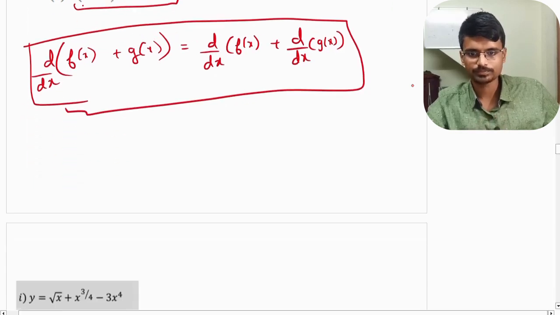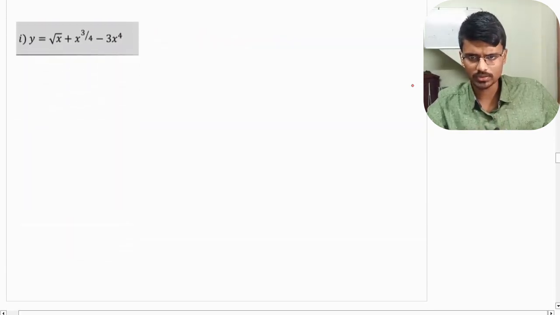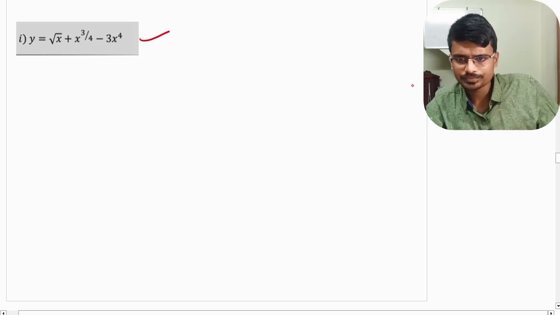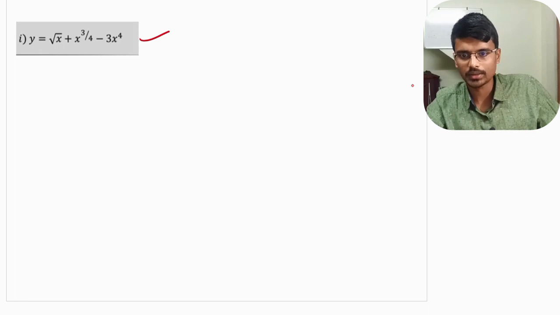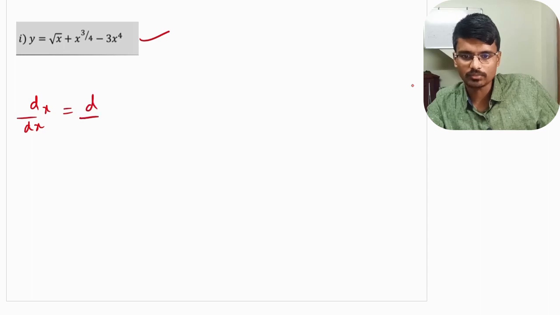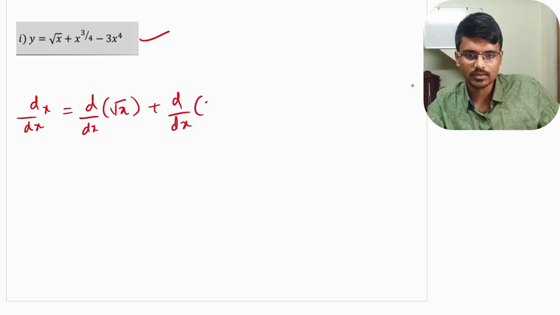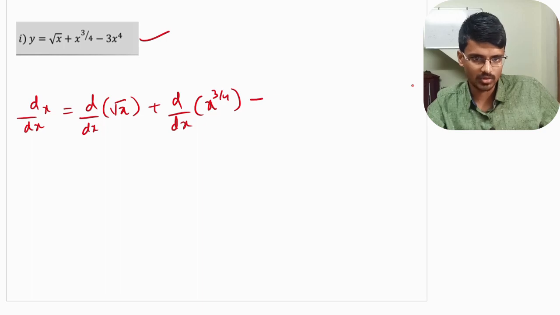Okay, so we'll solve a simple question. So yeah, so we have got this. So we'll be using the rule that we just now learned. So we'll just apply dy by dx to each of them. D by dx of root x plus d by dx of x power 3 by 4 minus, constant can be taken out, right? 3 d by dx of x power 4.